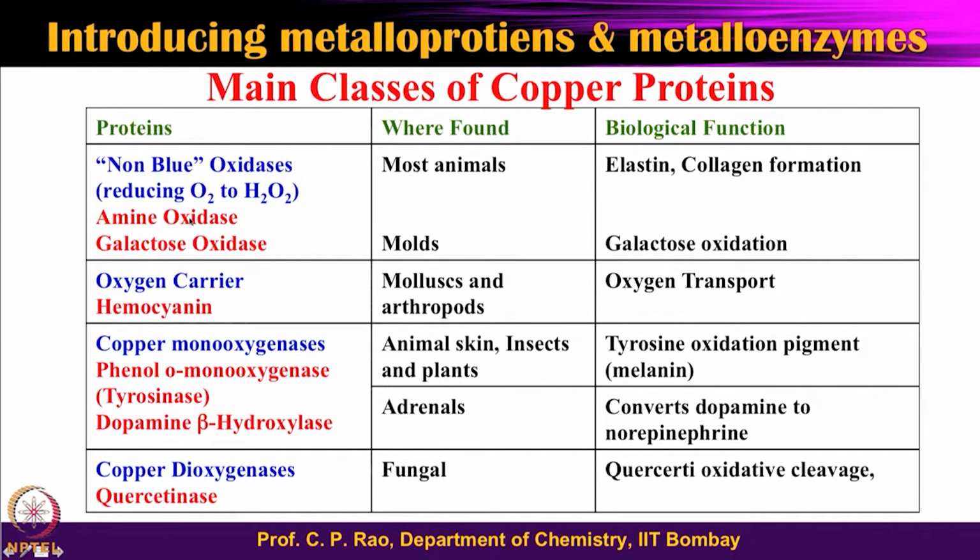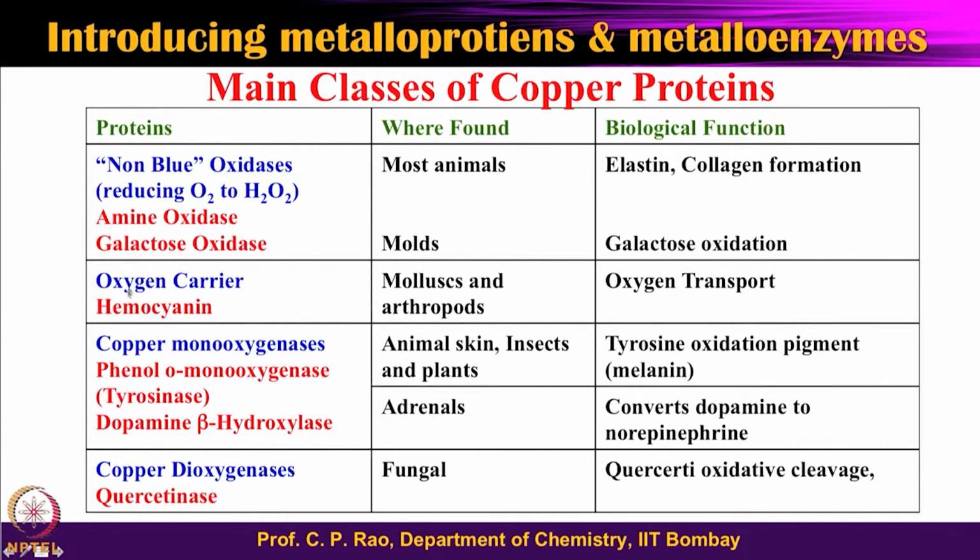This reduces O2 to H2O2, and amine oxidase, galactose oxidase are some of the examples of the non-blue oxidases. So this means that they do not have the blue color centers that were there for the earlier case. And these are found in animals, moles, etc. And they are involved in the collagen formation, elastin formation, oxidizing the galactose. So many of these kind of reactions.